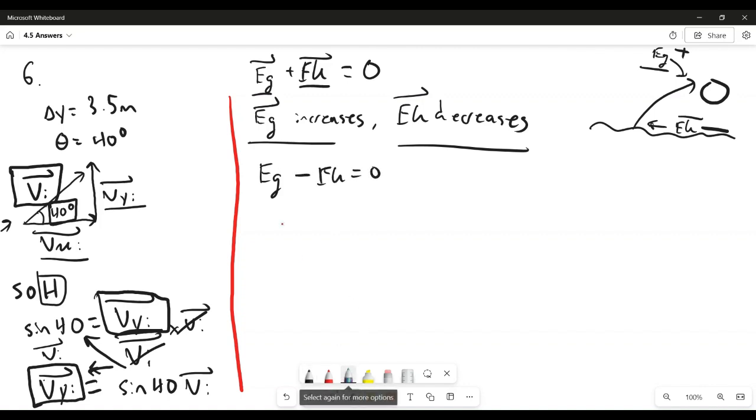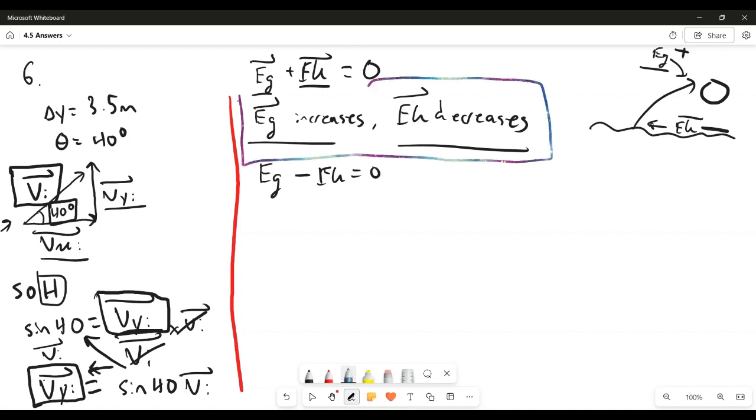It's important that you state this because it helps show your understanding of the question. A lot of these questions require you to create real life connections, so it's important that you state this.